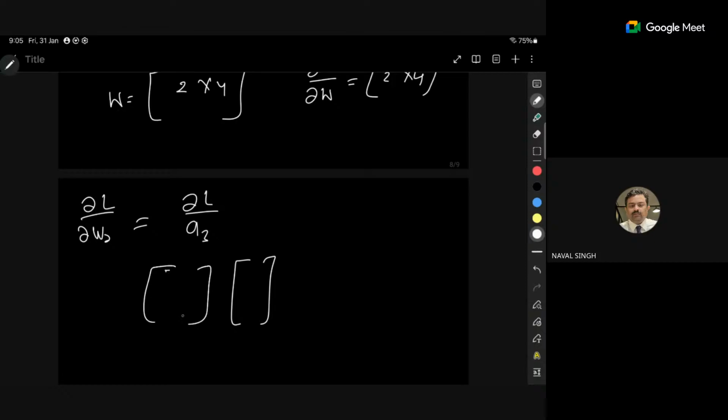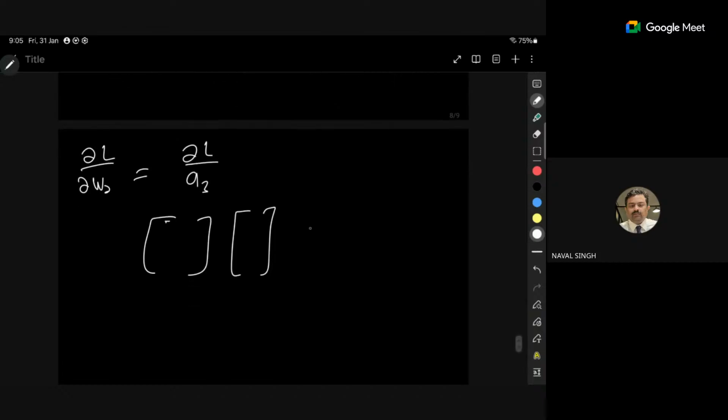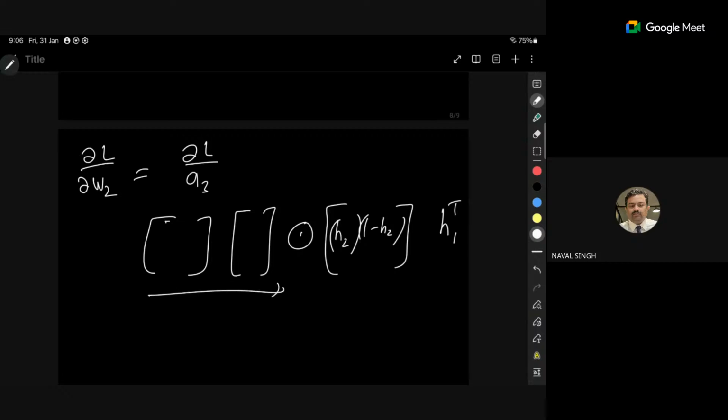Okay, don't skip this step. Only then do the element-wise product with h2 into 1 minus h2, whatever it is. Then you do this part, and finally the h1 transpose or something, right? So never skip these steps, because you have to do it this way.